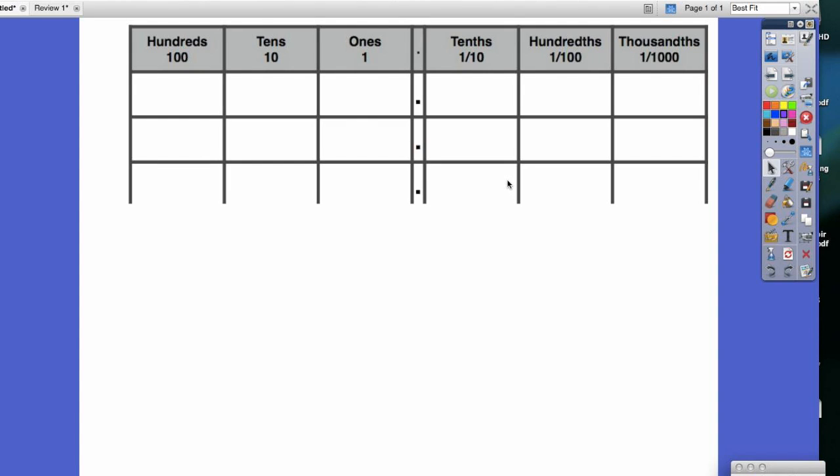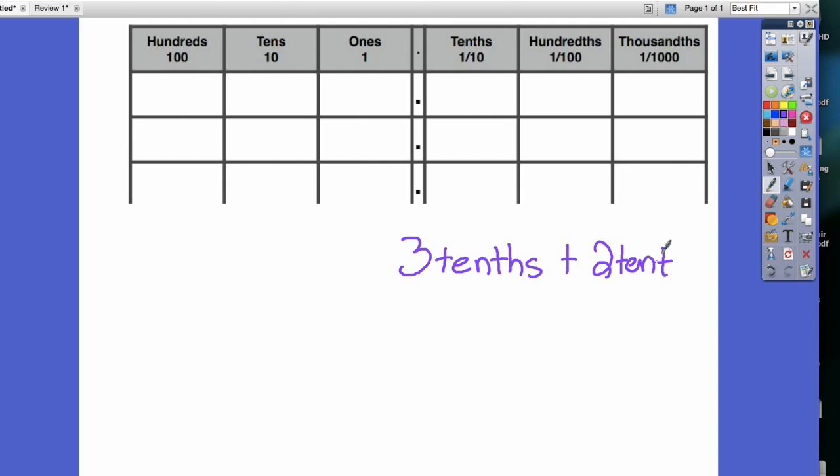Today we're going to start with adding decimals. If I have the number, one way to show this is with, they call them discs in your book, but dots.